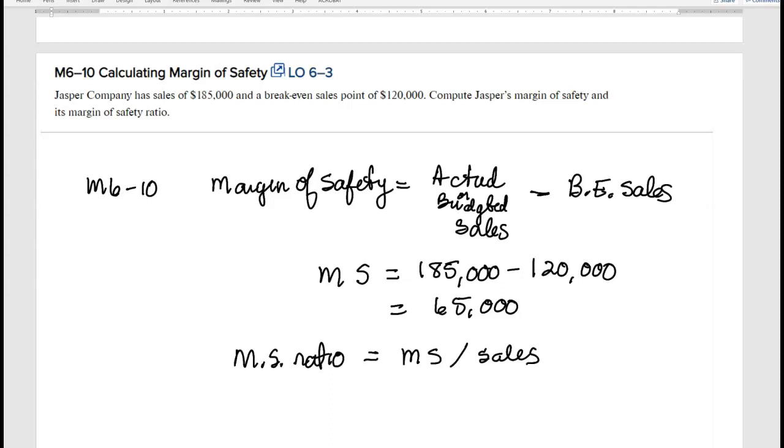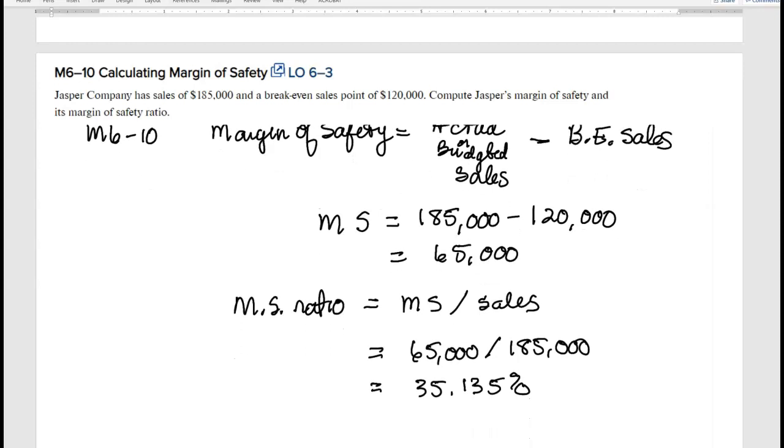So our margin of safety ratio is 65,000 divided by the sales of 185,000, or 35.135%. So if our sales on any given day or any given month drop by that much, we know that we're headed towards a total drop of 35.135%, and we'll start losing money at that.